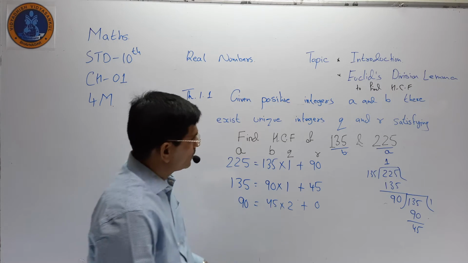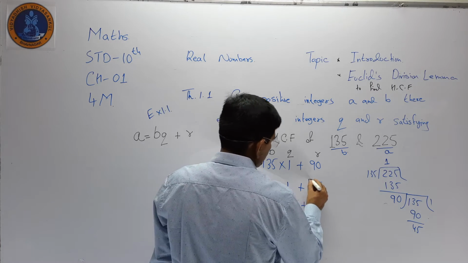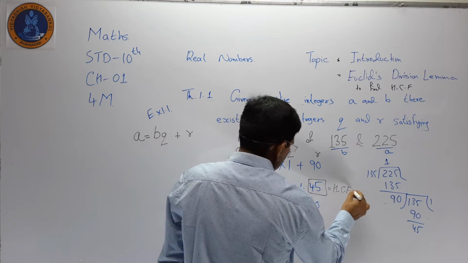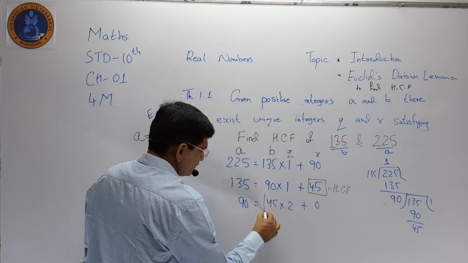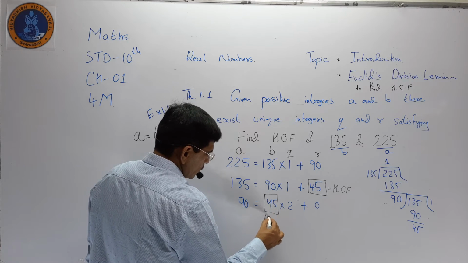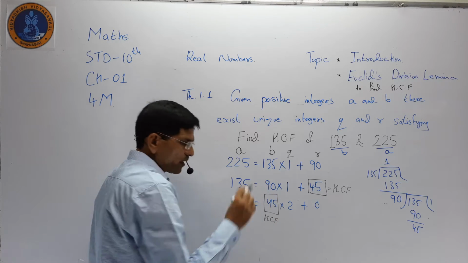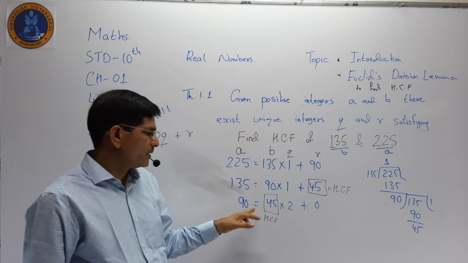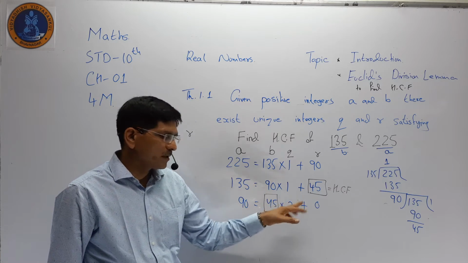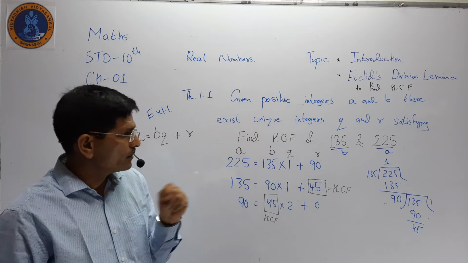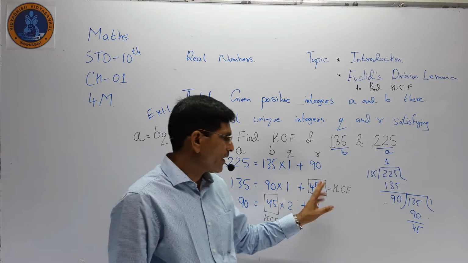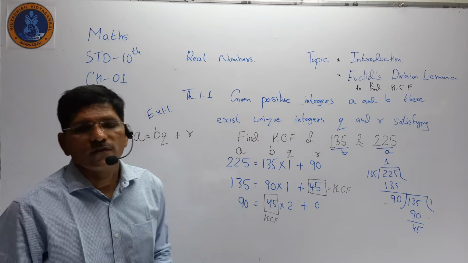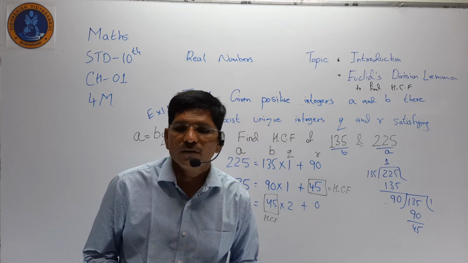So we can take 45 from here, it is our HCF. We can take here, it is also our HCF. 90 is equal to 45 multiplied by 2 plus 0. So two things, either 45 is my HCF or here 45 is my HCF.